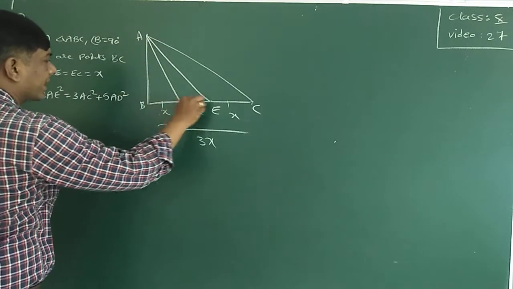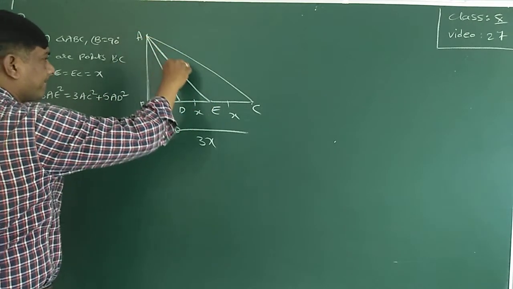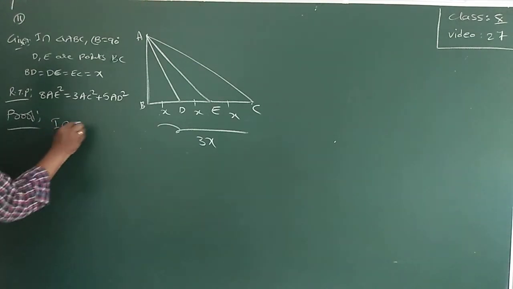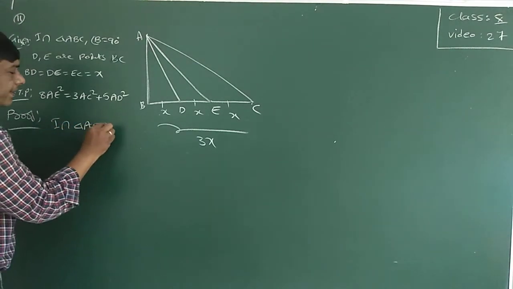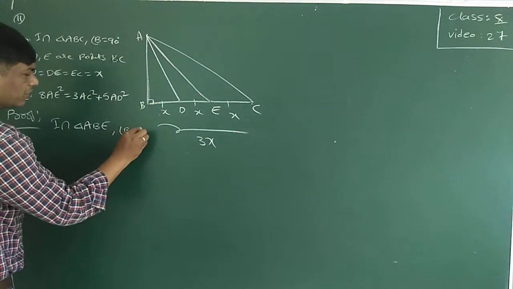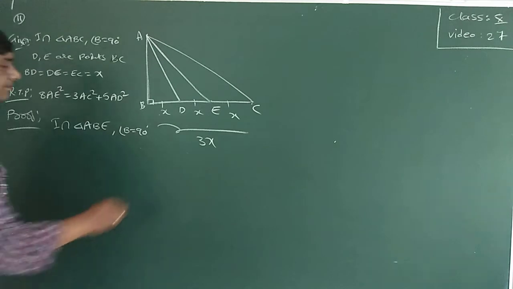So you take this triangle. I am just giving a hint; I am not going to explain the total problem. In triangle ABE, angle B is equal to 90 degrees.